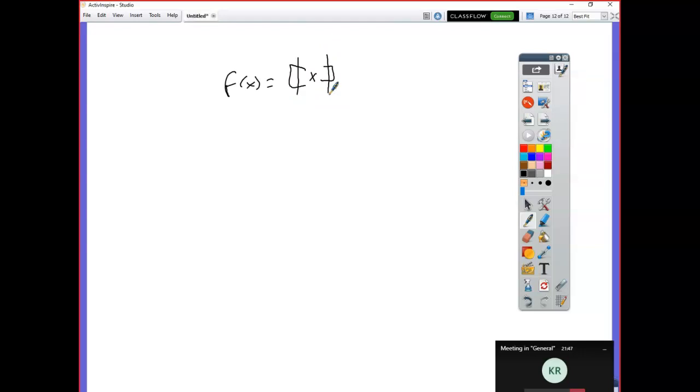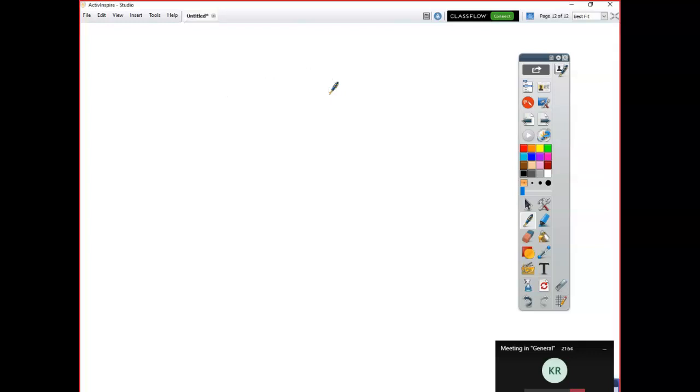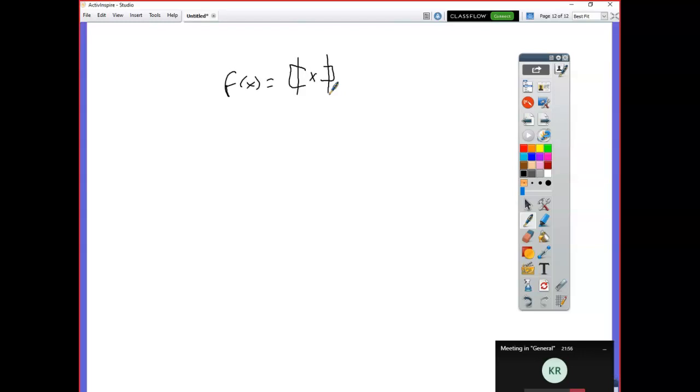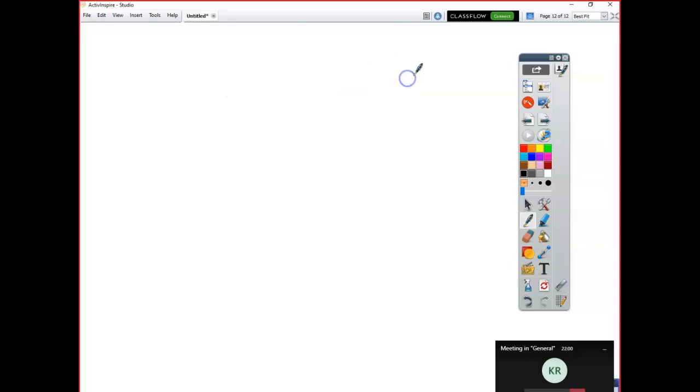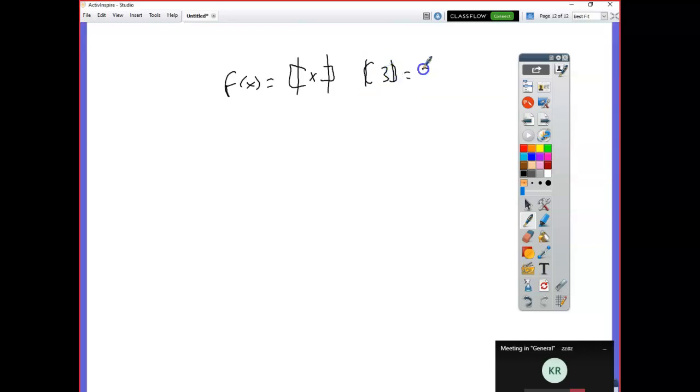Okay? Now the greatest integer function does the following. It says chop. Doesn't say round, it says chop. So if you get 3 in the greatest integer function, it becomes 3. If you do 3.2, it becomes 3.